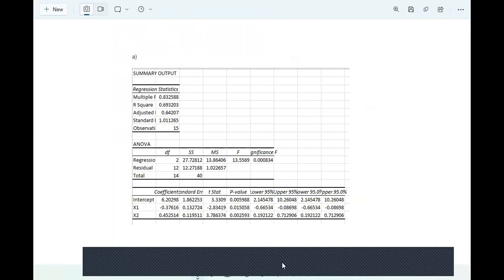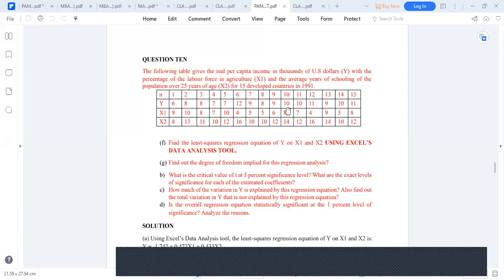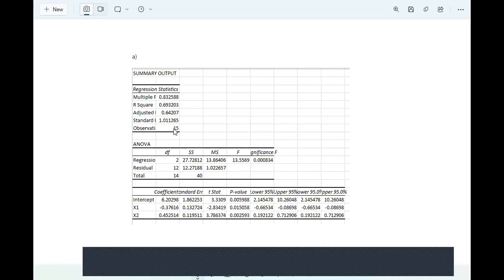Now, if we go back to our table here, at least we are able to understand a few things. What is our N? The number of observations are what? 15. So from here, we're able to tell what is our R and what is our R squared.